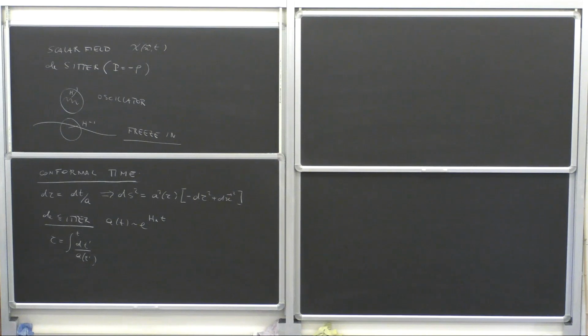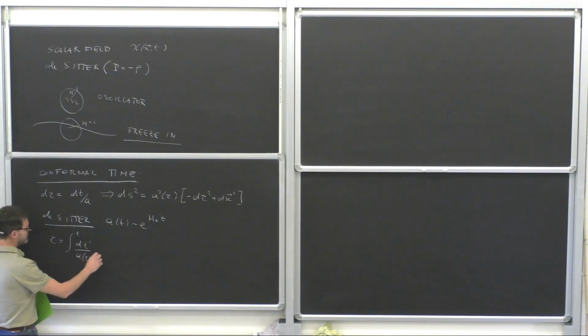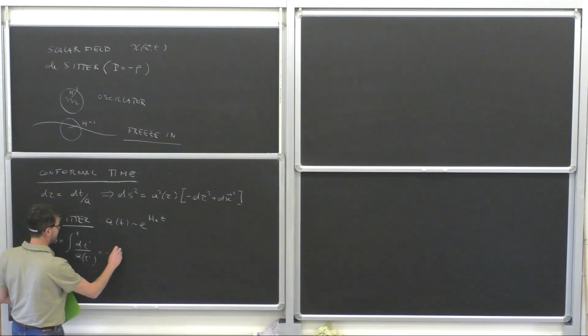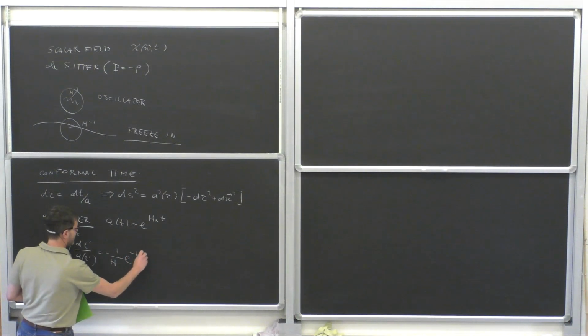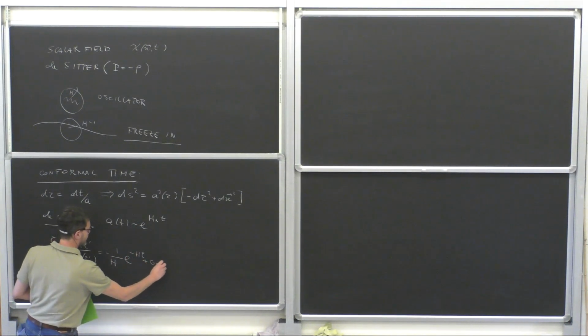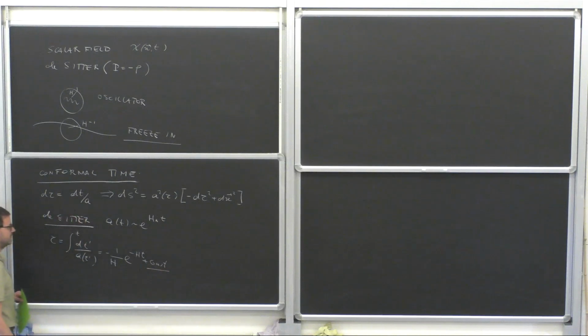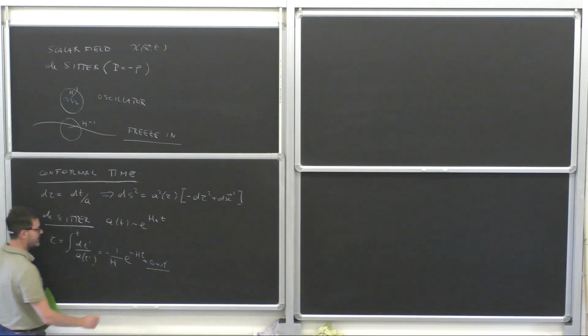When you do the integral, of course, you are going to get something like minus 1 over H e to the minus Ht plus a constant. You can always redefine your coordinates in such a way that the constant goes away.